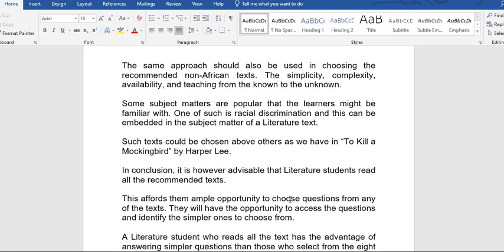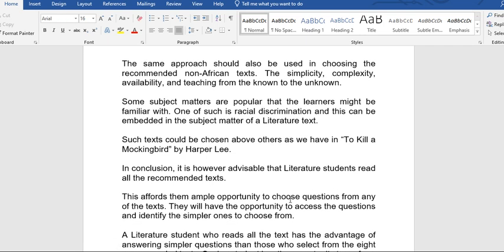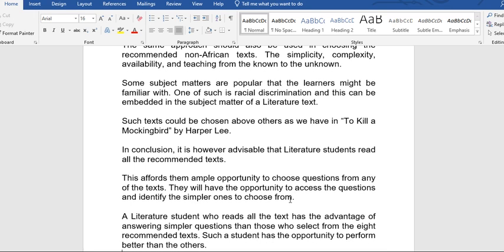In conclusion, it is however advisable that literature students read all the recommended texts. This affords them ample opportunity to choose questions from any of the texts. They will have the opportunity to assess the questions and identify the simpler ones to choose from.